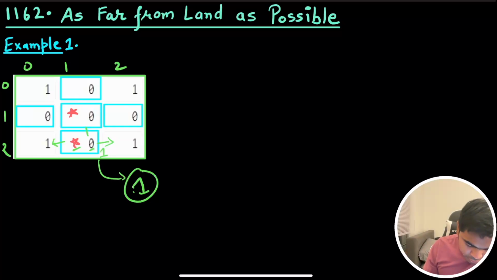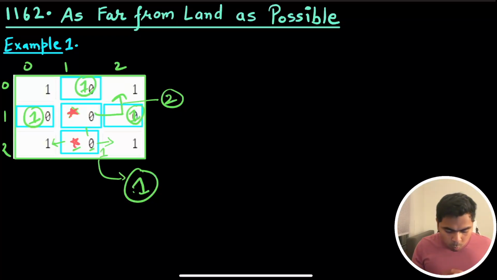And the distance of this zero, this one right here, to the nearest one would be going sideways and then up, so this would be 2. So this would be 2, and for this 0 it's 1, this 0 it's 1, and this 0 is also 1.